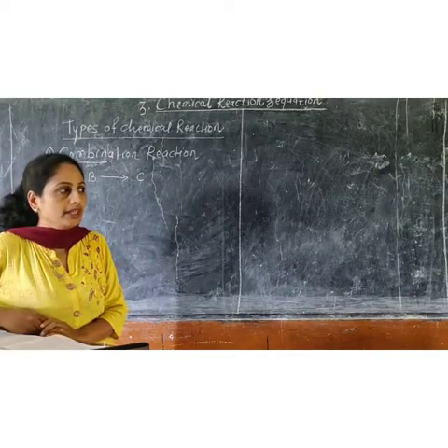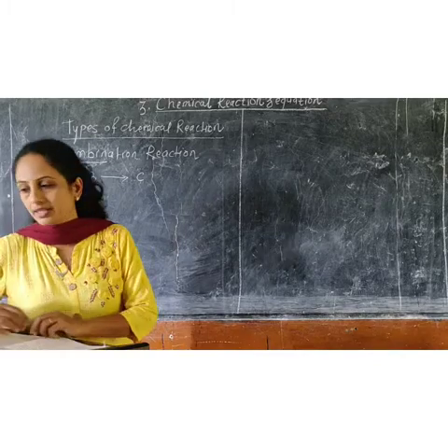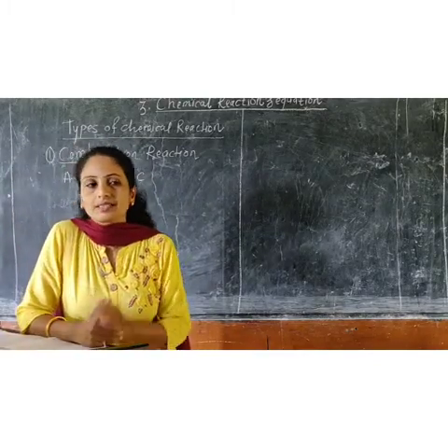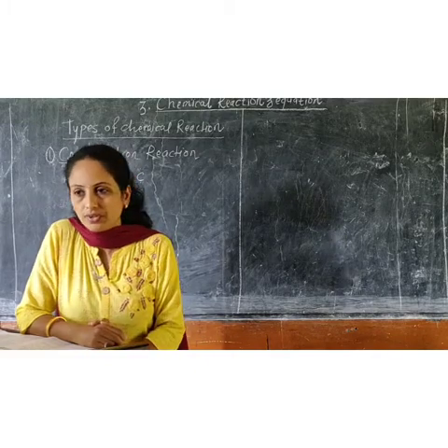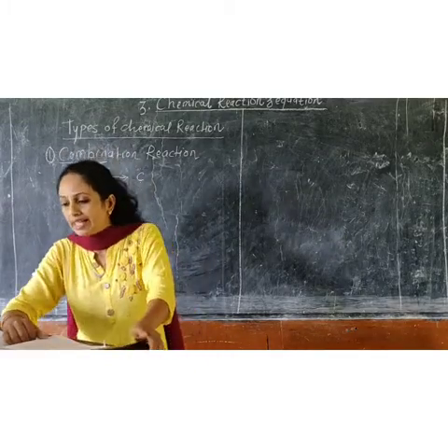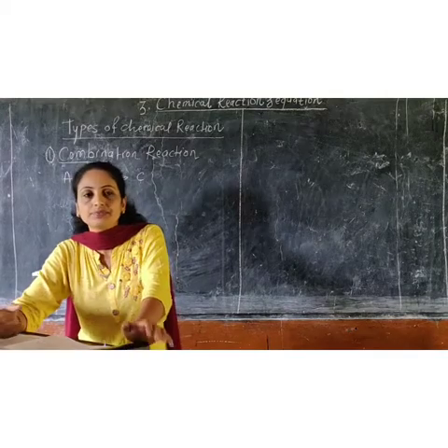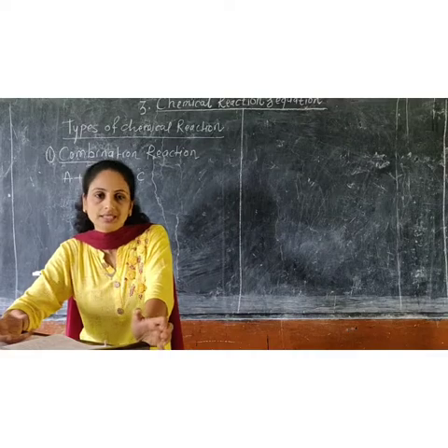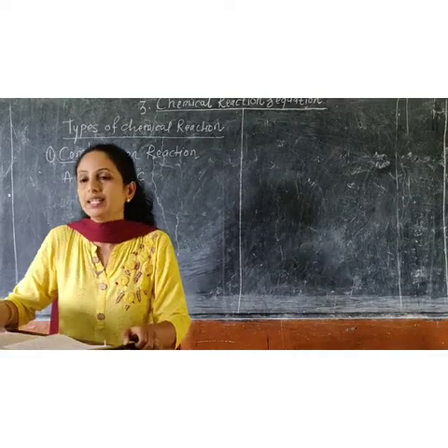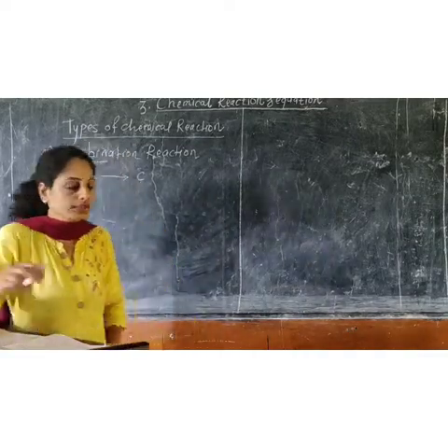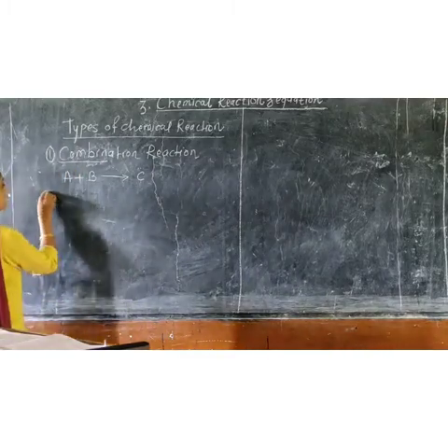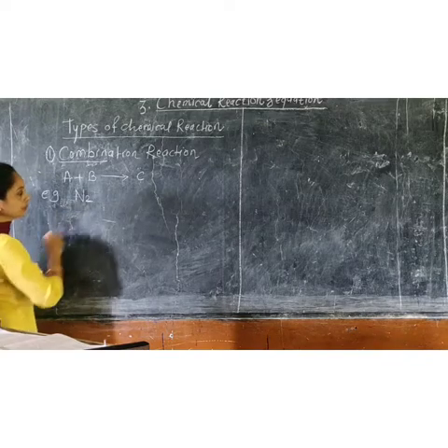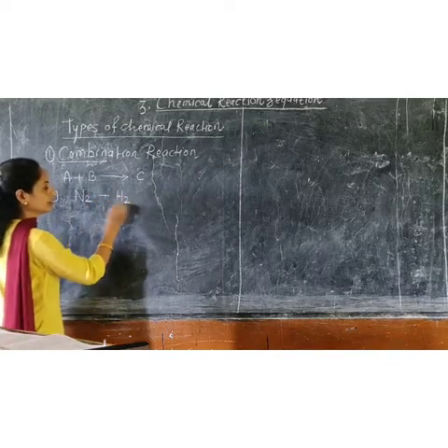So we will see an example for that. How is ammonia gas formed? If nitrogen reacts with hydrogen, that forms NH3, and NH3 is called ammonia. So first example for that, nitrogen is written as N2, that reacts with hydrogen.